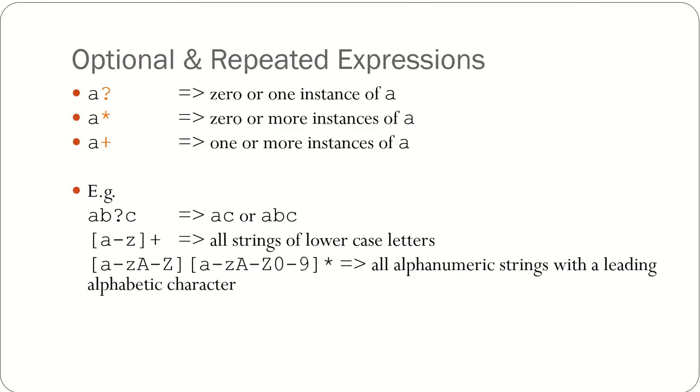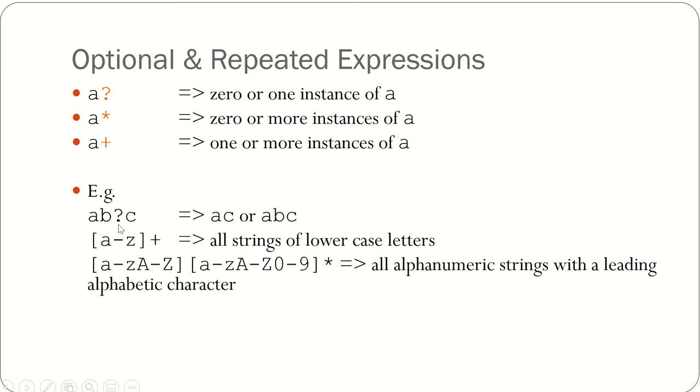While giving a regular expression, you can use these forms: a question mark, which matches 0 or 1 instance of a. If you give a asterisk, 0 or more instances of a; a plus, 1 or more instances of a. By using these expressions, you can customize your regular expression.